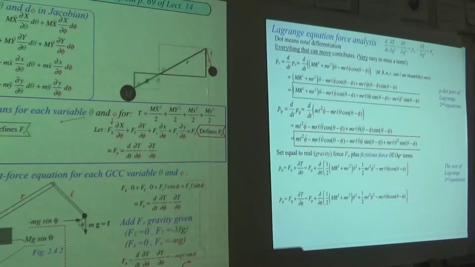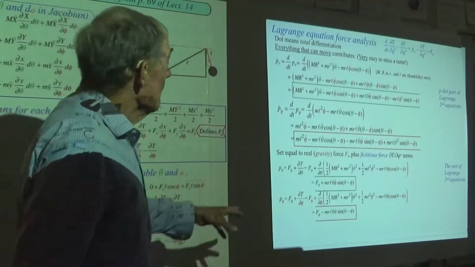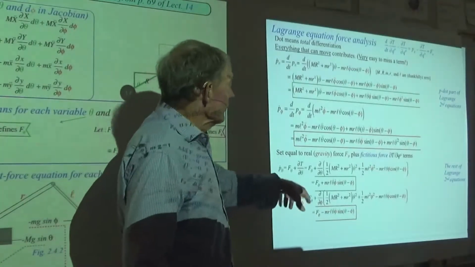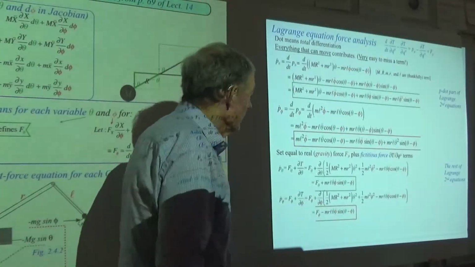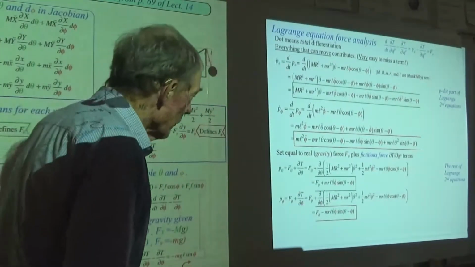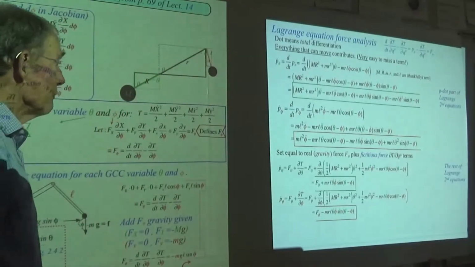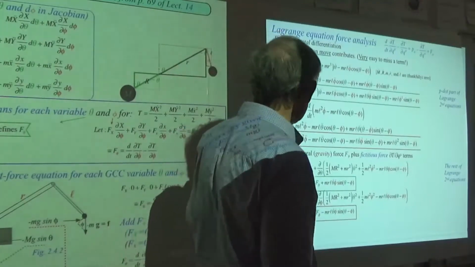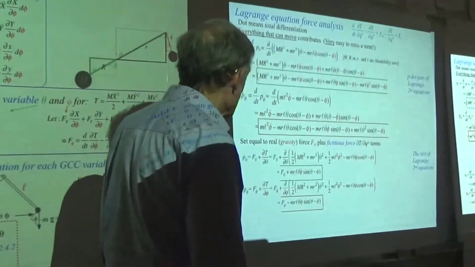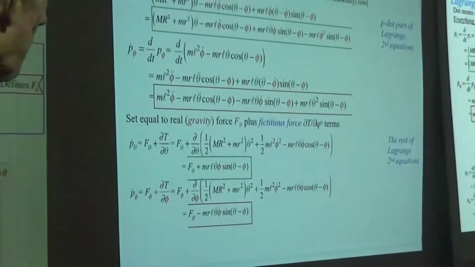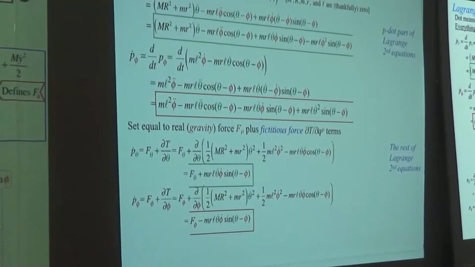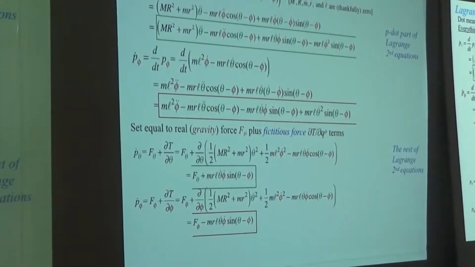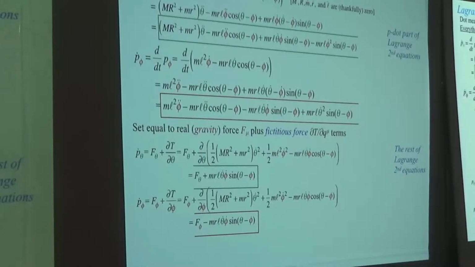So this is just what we had before, and now we're going to stick the actual force, the momentum here is equal to this force plus the expression that we got from, let's see if that's right, from this. Okay. So, let's get that all up here. That's the thing that we have to work on.